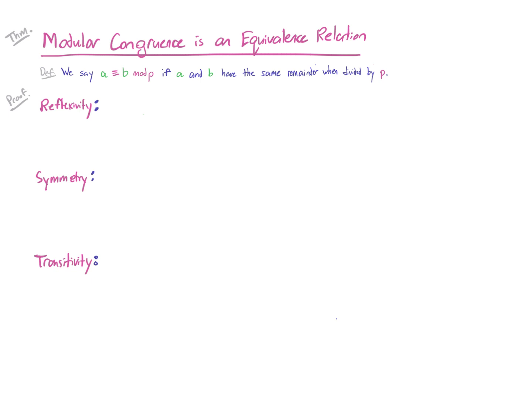Okay, so for reflexivity, remember that we want to show that for all A in S, A R A. We do not know that yet. That's what we want to prove. So this means that A is congruent to A mod P. That's what we have to show.